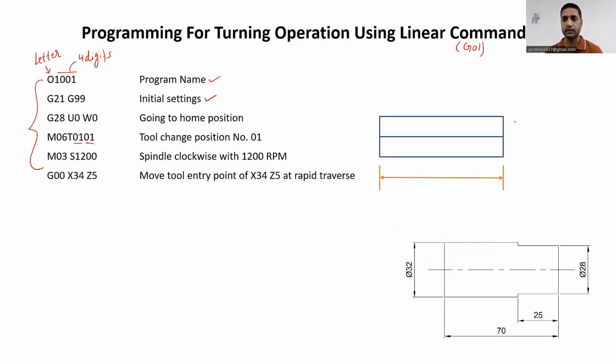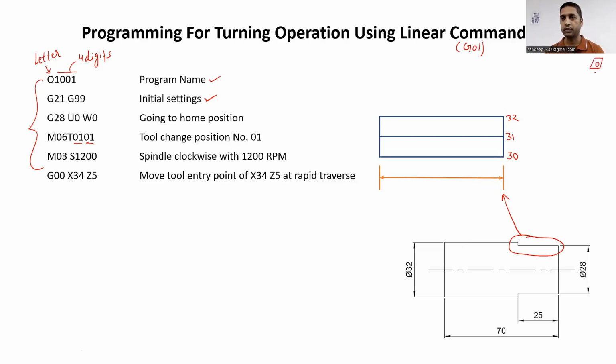This is the scaled view of this particular portion. And we know that the outside diameter of this workpiece is 32 mm. So this will be your 32, this will be your 31, and this is your 30. Now, initially our tool will be at its home position. So let me draw the home position for you.